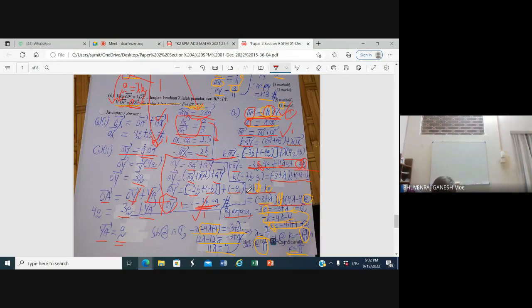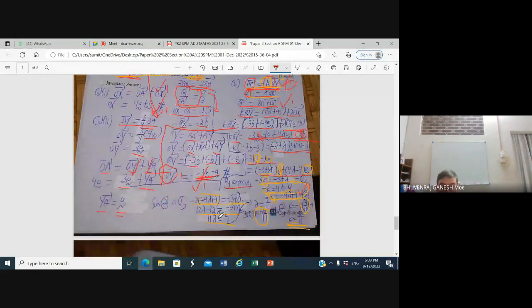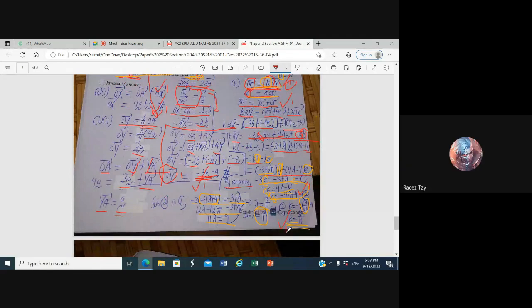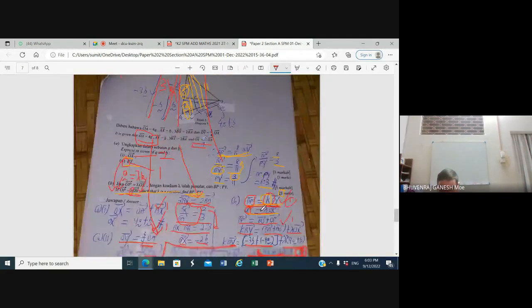And then later when you form a simultaneous equation like this part, 1 mark. It means you express k equals something. So that's 1 more mark. And then when you can find your k value, because this is what you're going to use later, right? 1 mark. And then top here, final answer, 1 mark.